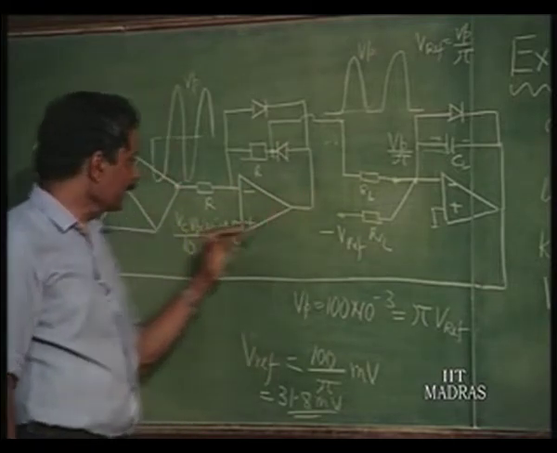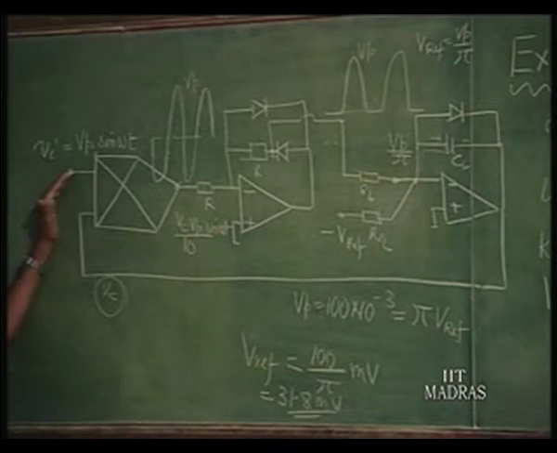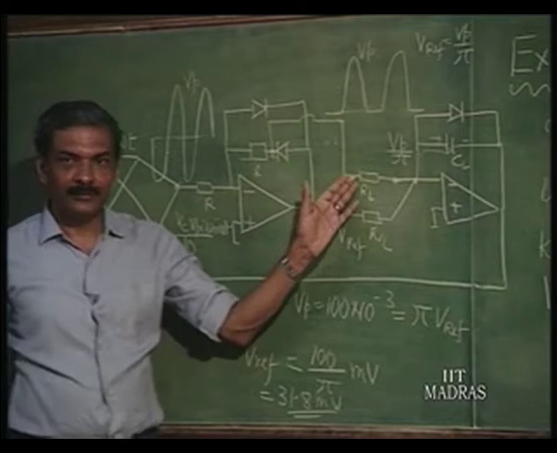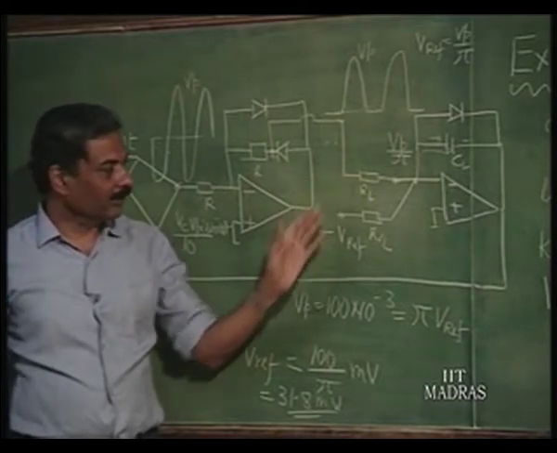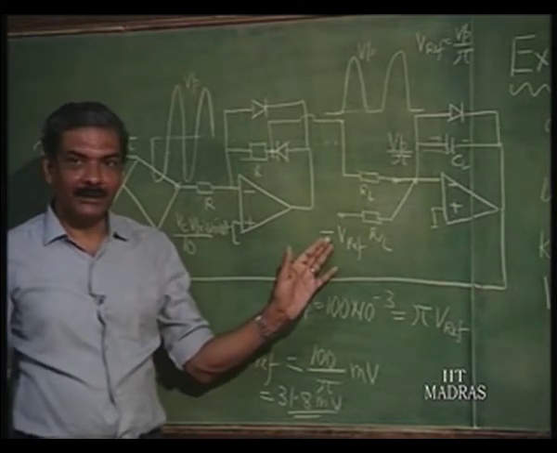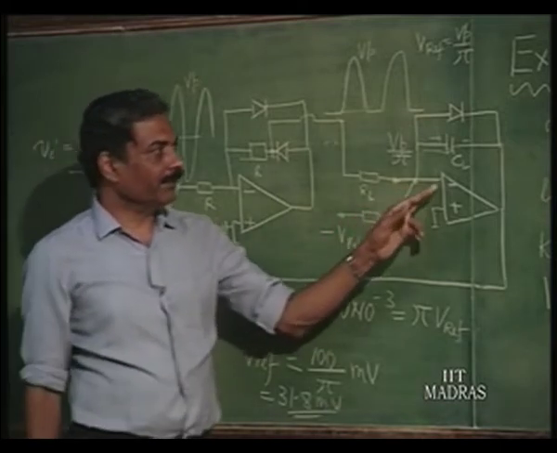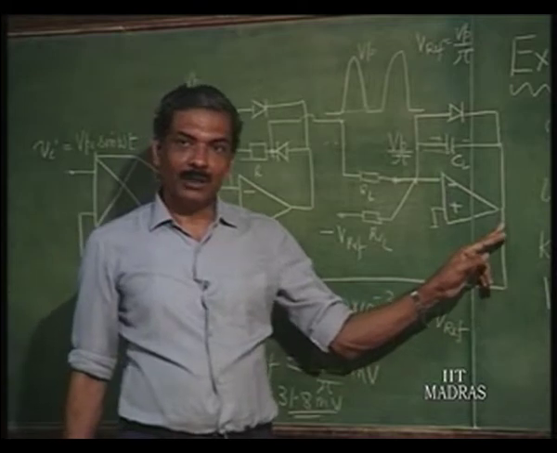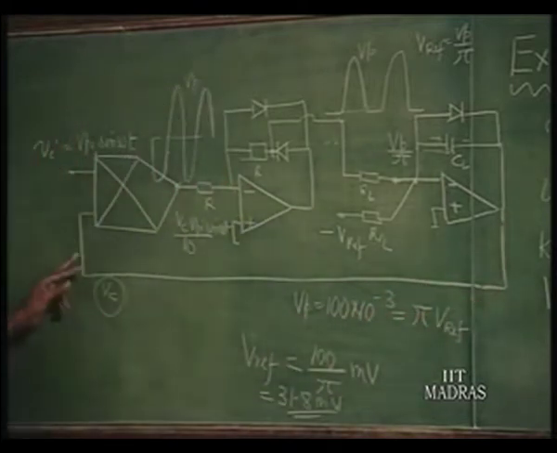To start with, let us say the input is not applied or the input is very low. At that time there is nothing coming here. This is 0, only minus V reference is applied to this. So, minus V reference is applied to minus. So, this will go to positive saturation.